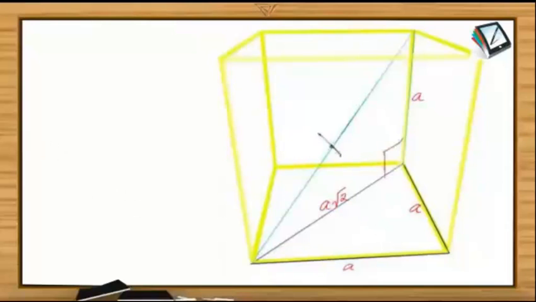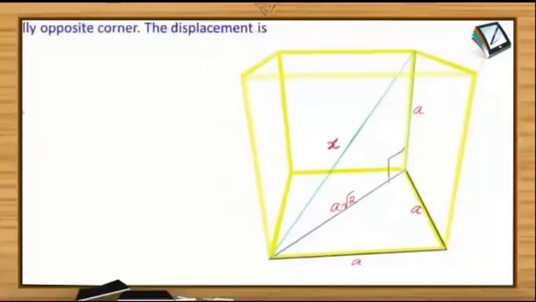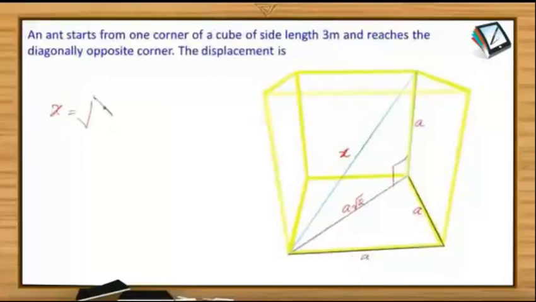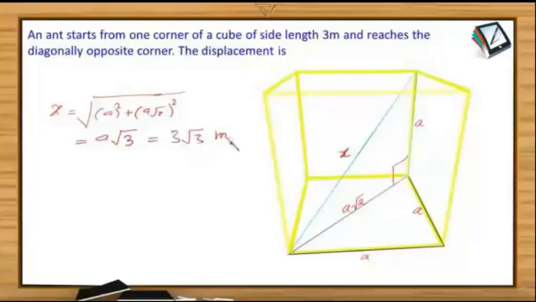So the net displacement of the ant will be equal to under root of A square plus A under root 2 square. So it becomes what? A under root 3. So it is 3 root 3 meter is the displacement of the ant in this situation.